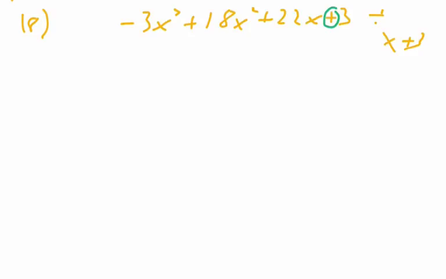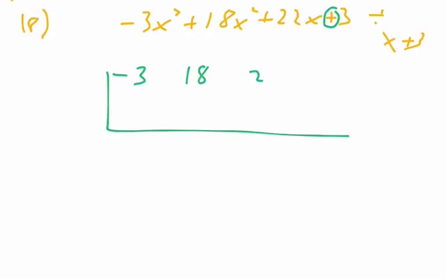In problem number 18, there was a typo. It should have been negative 3x cubed plus 18x squared plus 22x plus 3, divided by x plus 3. So the typo was here. It shouldn't have said plus or minus. It just should have said plus. So if I'm doing synthetic division, negative 3, 18, 22, and 3. Because this is x plus 3, I'm going to put negative 3 on the outside. The negative 3 comes straight down.